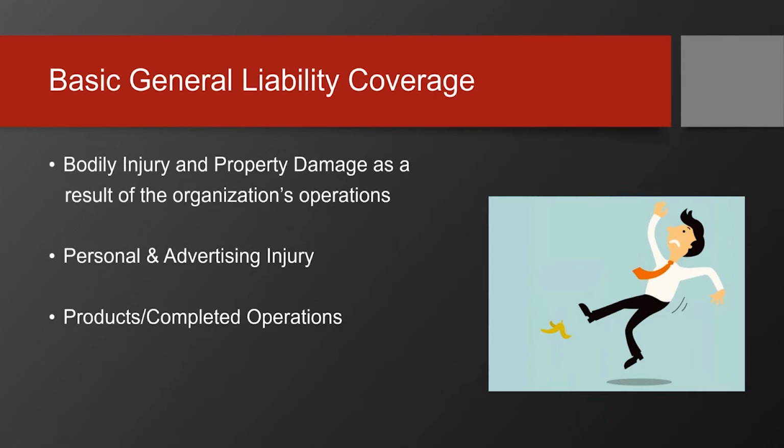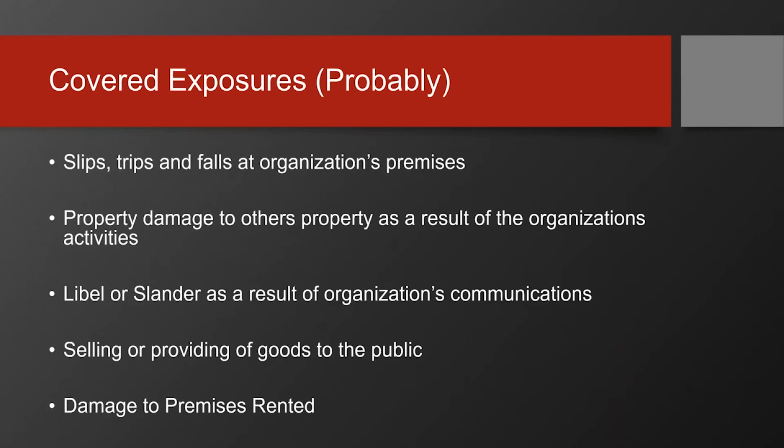So all the typical stuff that GL would cover. Most likely it's going to cover slips and falls, property damage to other people's property, some libel and slander within their communications, within their website, selling or providing goods to the public, damages to premises rented, all typical covered exposures for GL.